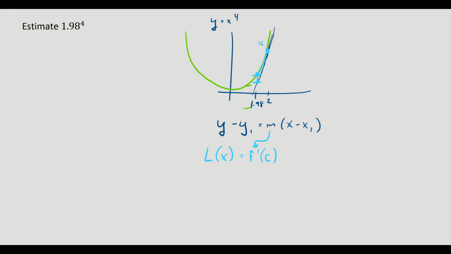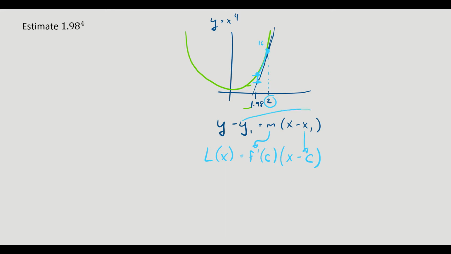So we're going to say c. c is the closest known point to where we are trying to estimate. So it's f prime of c times x minus, well, at which x value am I creating this line? At 2, which is my c value, the closest known point.